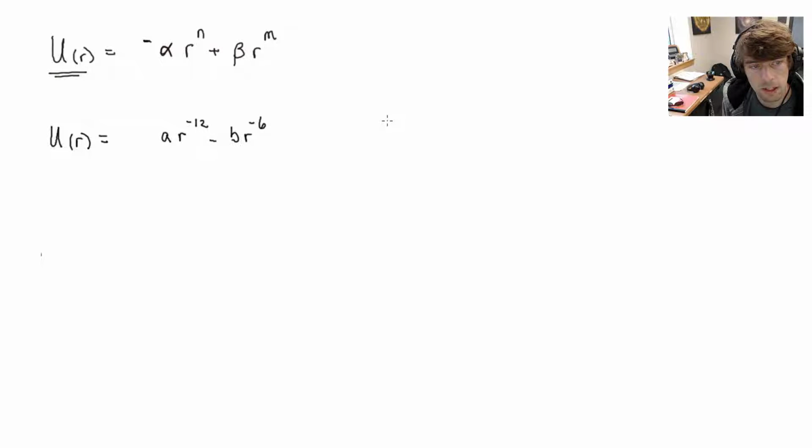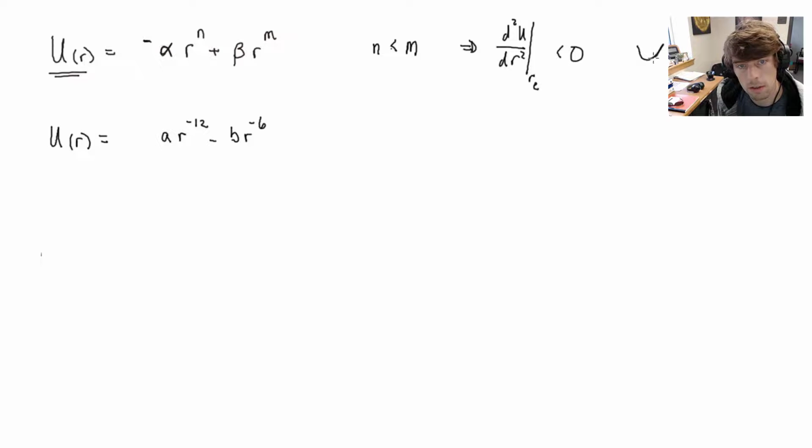Remember up here when we were doing this, the condition was n must be less than m. That results in a second derivative evaluated at the extreme value, r_e, being less than 0. In other words, being concave up. Now we note, though, that I have negative signs here.